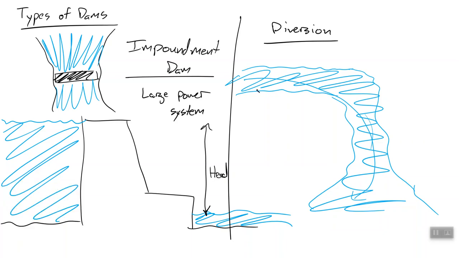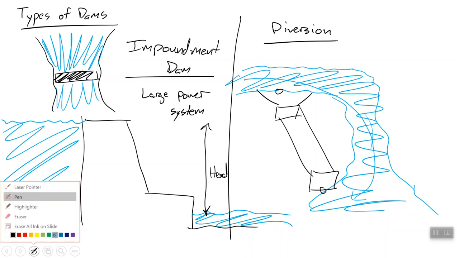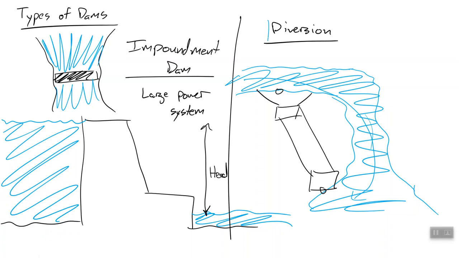So what we're going to do is we're going to build a very small hole. We're just going to build a tunnel essentially that goes from the top of the hill to the bottom of the hill. And we're going to divert some of that water through this tunnel.